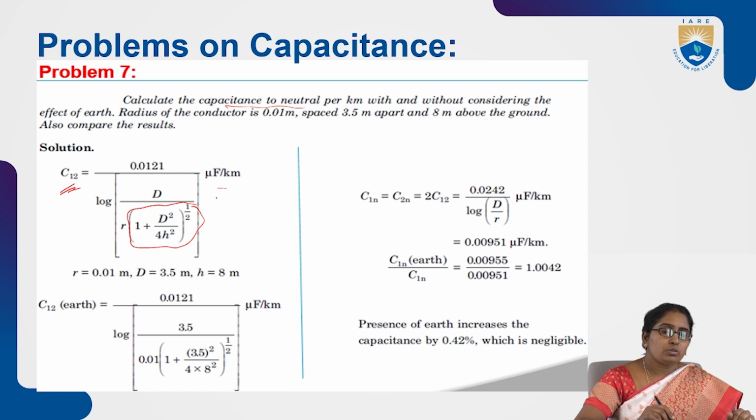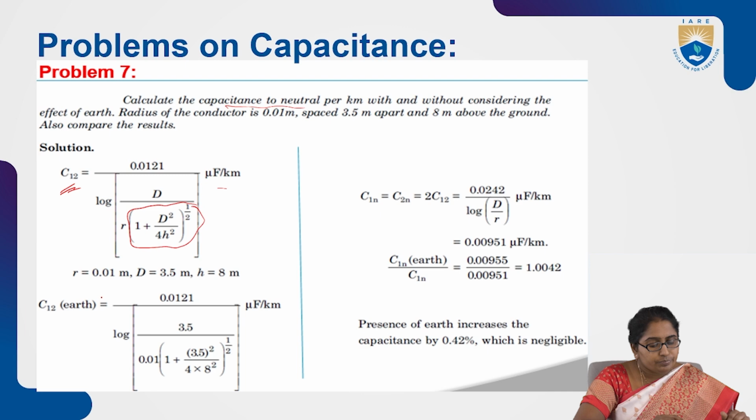The basic expression is 2 pi epsilon naught by log base 10 of D by r into (1 plus D square by 4 h square) whole power 1 by 2 farad per meter. We can substitute the same values, and at the end calculate per kilometer by multiplying by 1000. Anyway, here they directly considered this simplified expression for capacitance in microfarad per kilometer.